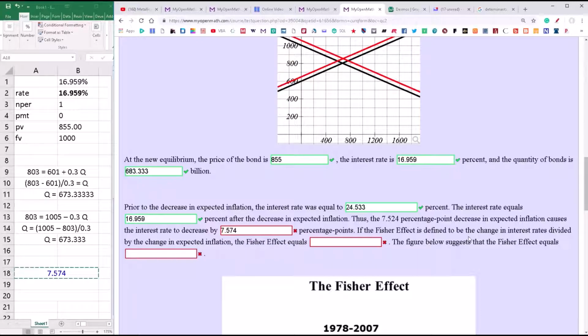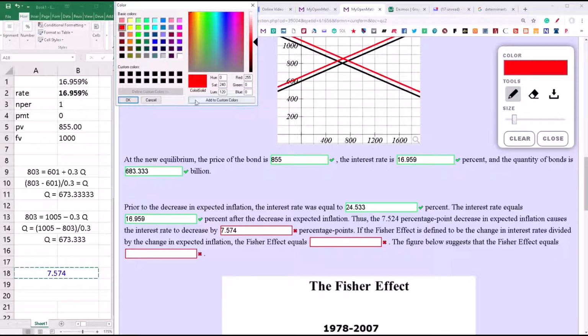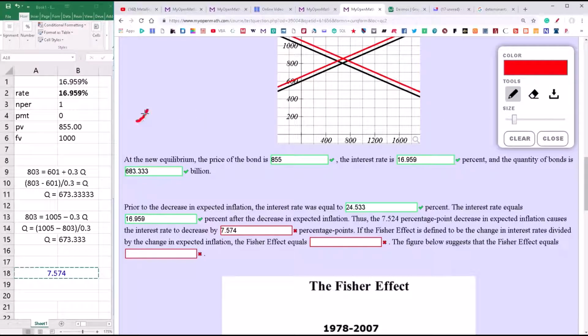So the Fisher effect is defined to be the change in interest rates divided by the change in expected inflation. That's just the slope, right? That's just the slope. Let's write that out again. So the Fisher effect is this relationship here, right? You can think of this as the intercept, right?